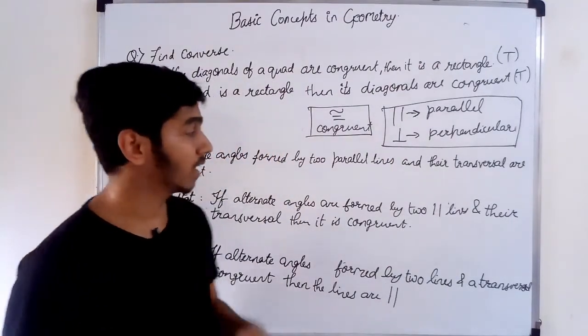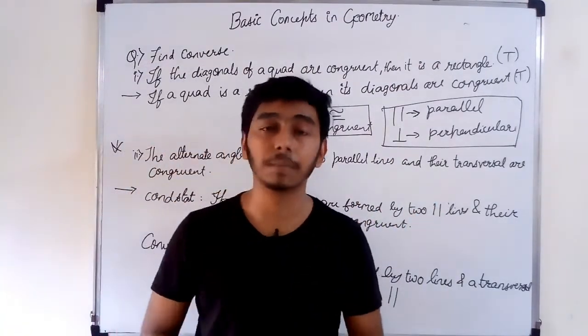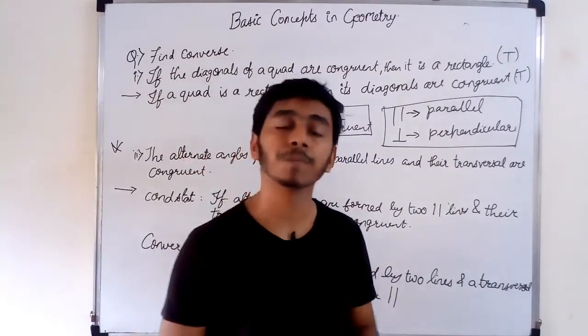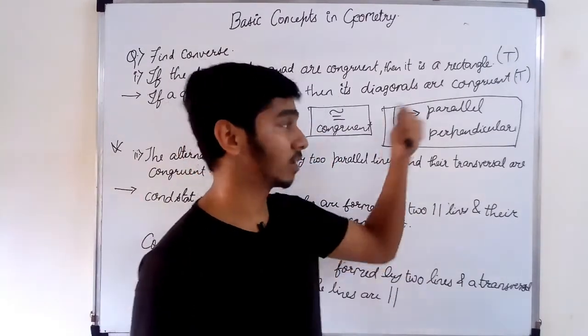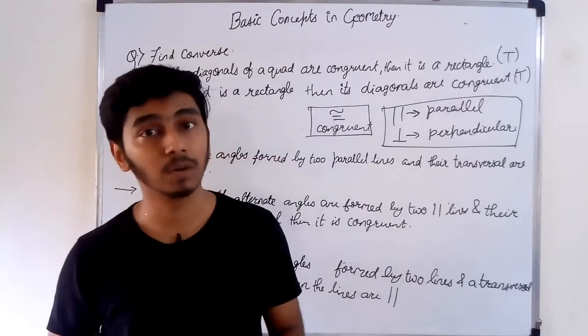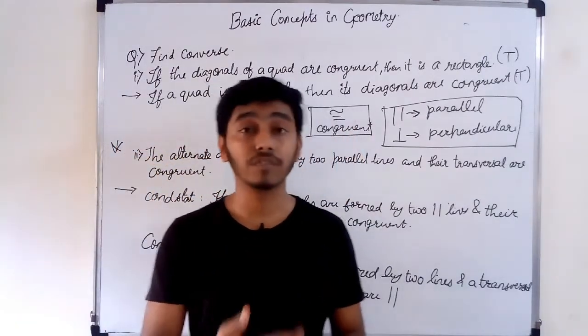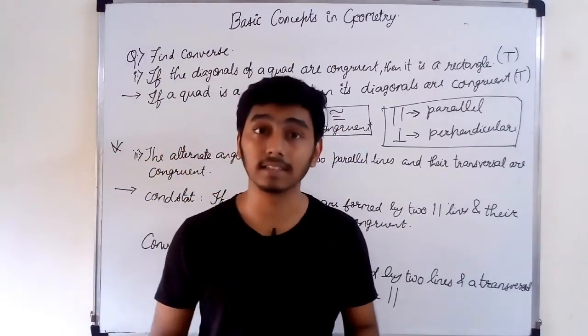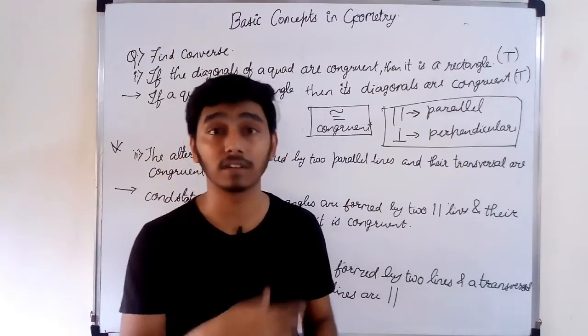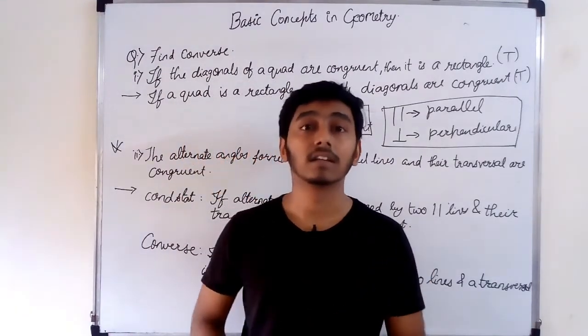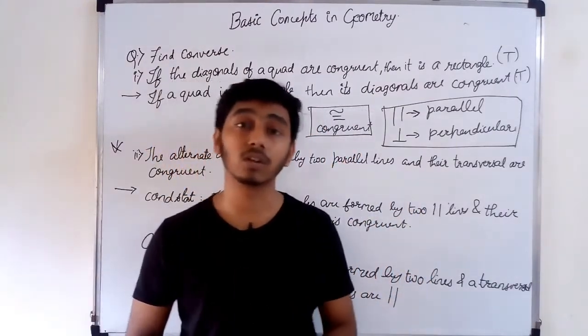You can find the truth value of any given statement. This is not required for you to learn for now. If you take up science after 10th, this will be there for you in your 12th.